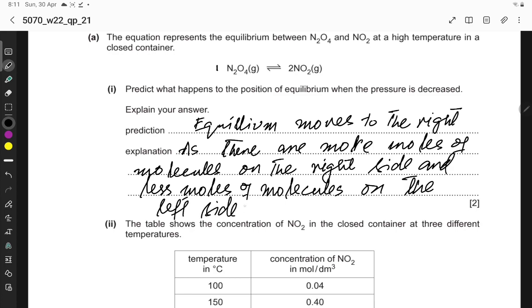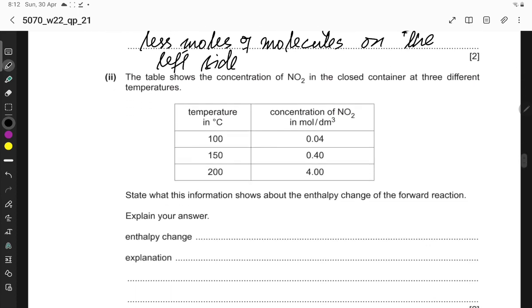You can write down only one: there are more moles of molecules on the right side or less moles of molecules on the left side.